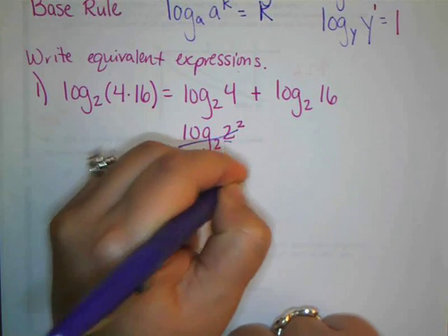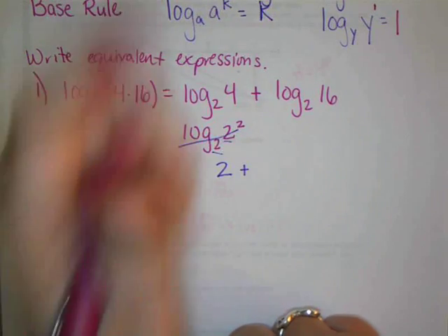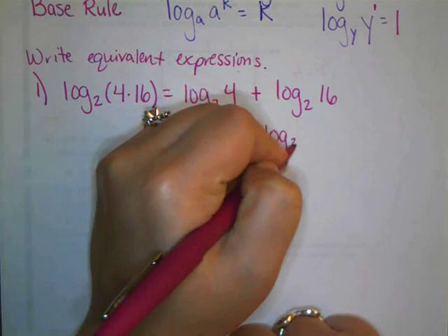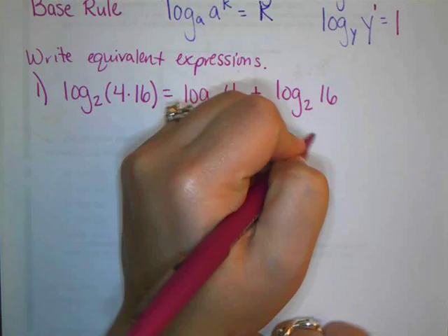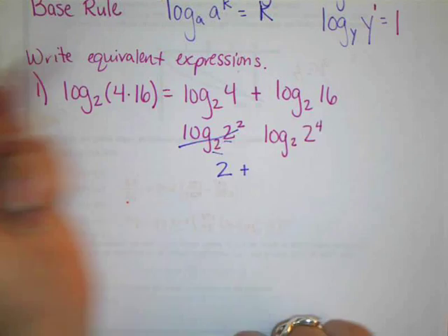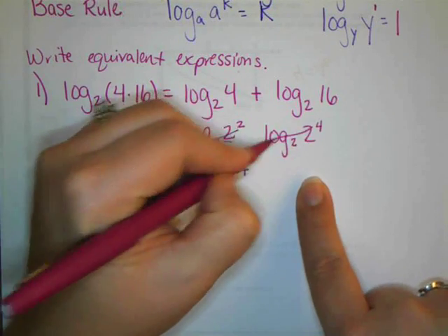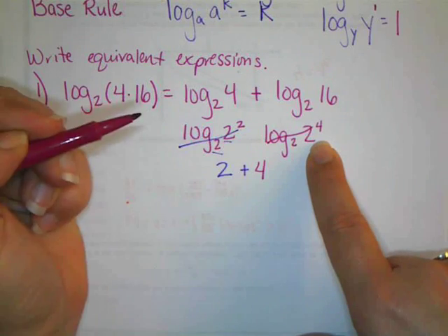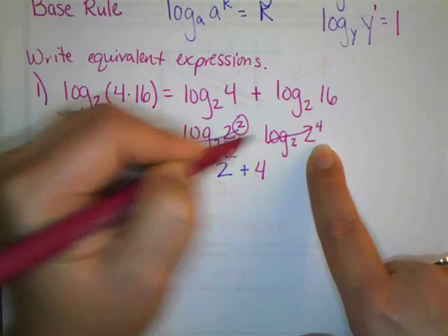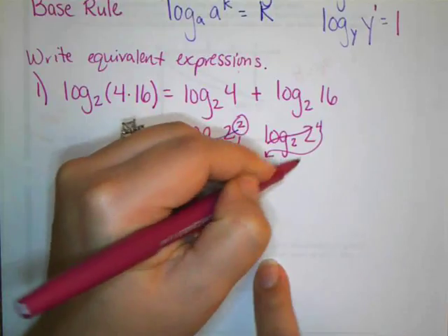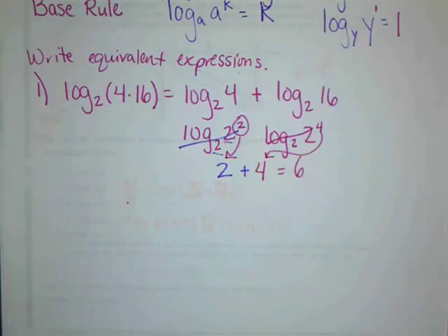These cancel and you're left with 2 plus, and here's the log base 2 of 16. A 16 is 2 to the 4th. So this 16 got replaced with 2 to the 4th. These 2's cancel and you're left with 4. 2 plus 4 is 6.